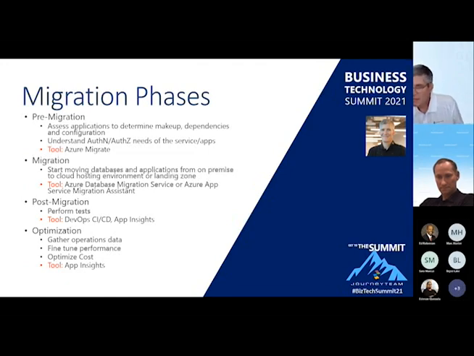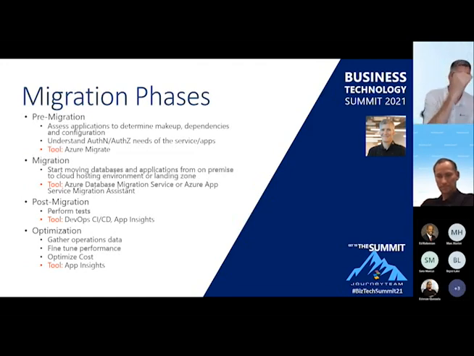For database migrations, doing a lift and shift, if you're running SQL on-prem. For that, I would say, as part of this migration tool, it actually tells you your compatibility. So if you have an agent running that runs server jobs and stuff like that, that's not supported in SQL Azure. And it'll call that out.